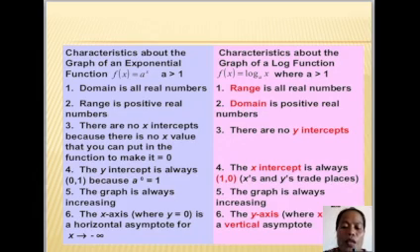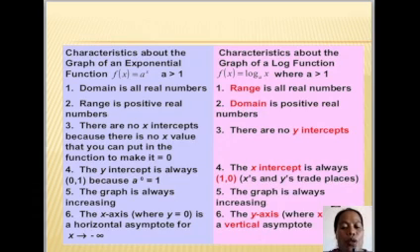Number 4, the y-intercept is always (0, 1) because a to the power of 0 is equal to 1. Number 5, the graph is always increasing. Number 6, the x-axis, where y is equal to 0, is a horizontal asymptote as x approaches negative infinity.